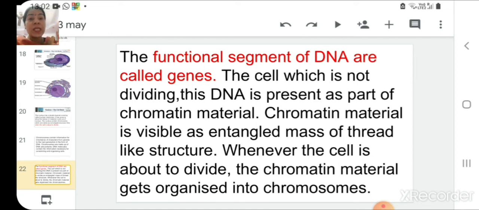It means when the cell is not dividing, when the cell is in the resting phase, at that time it looks like an entangled mass of fibers. But when the cell starts preparation for cell division, these entangled masses of fibers arrange themselves in a very specific pattern, and only at that time are these chromosomes visible to us. They get organized for further division.